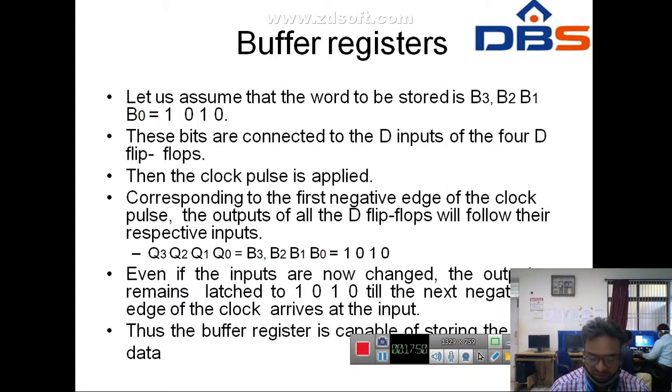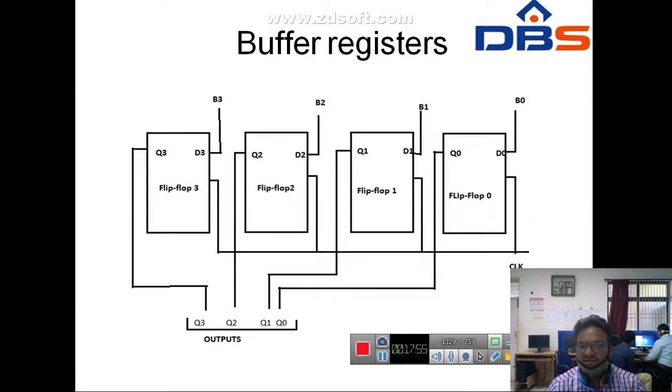The delay flip-flop is used because it simply transfers the input. Here we have the detailed diagram. We name them flip-flop 0, flip-flop 1, flip-flop 2 and flip-flop 3, with inputs B0 to B3. Here we have the outputs Q3, Q2, Q1 and Q0, and a common clock pulse applied to all the flip-flops. We can have positive edge triggering or negative edge triggering.